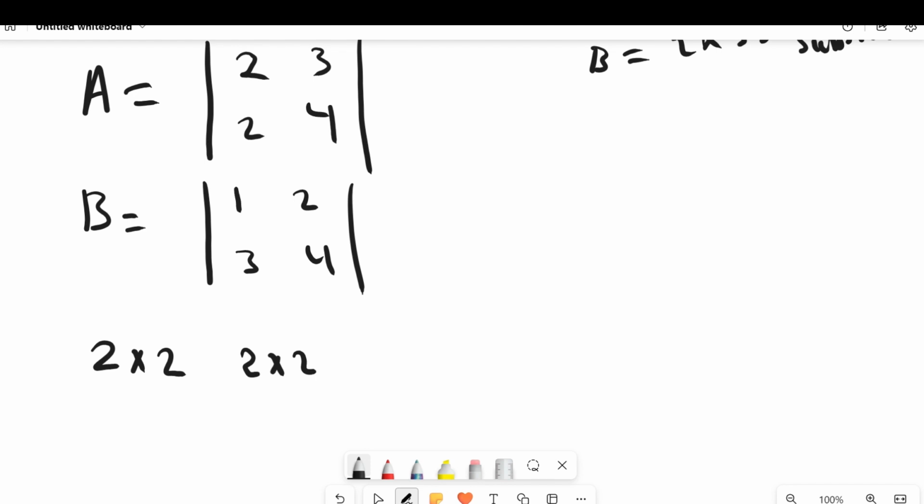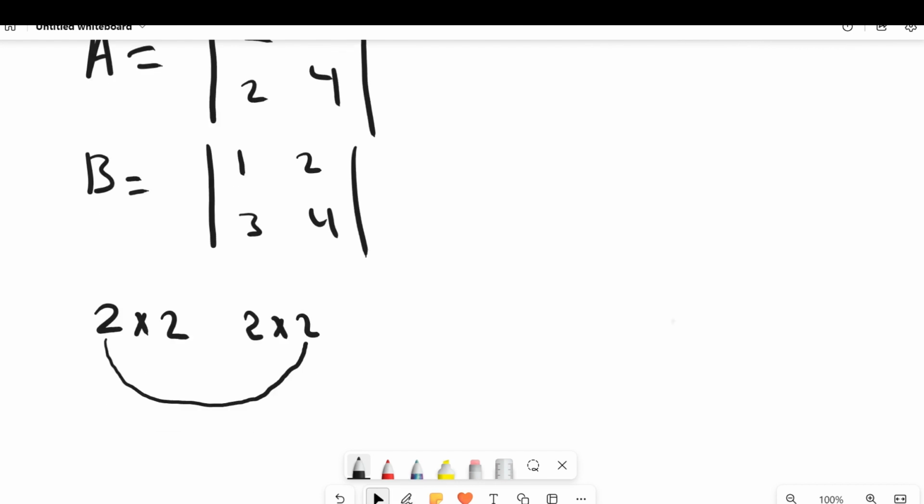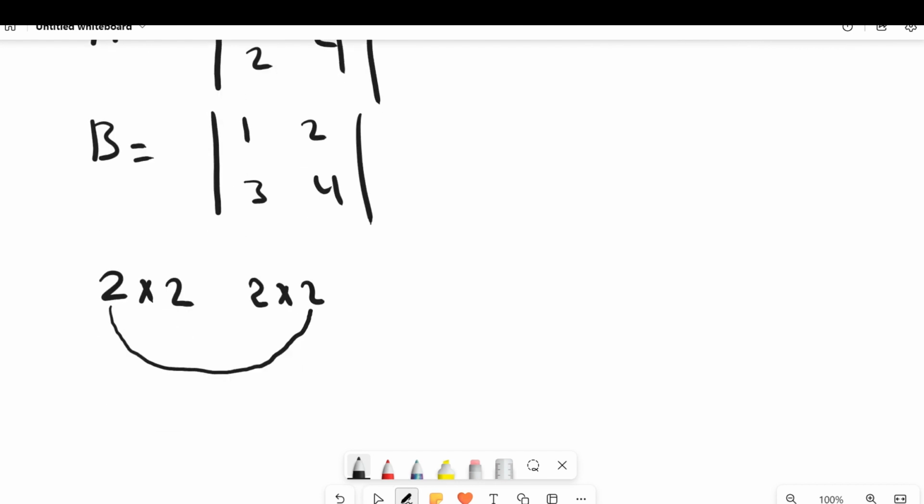first of all, in order to determine the matrix that is going to be formed, look at those two numbers: the rows of the first matrix and the columns of the second matrix give the new matrix that is going to be formed. So in this case, we're going to have a 2 by 2 matrix.